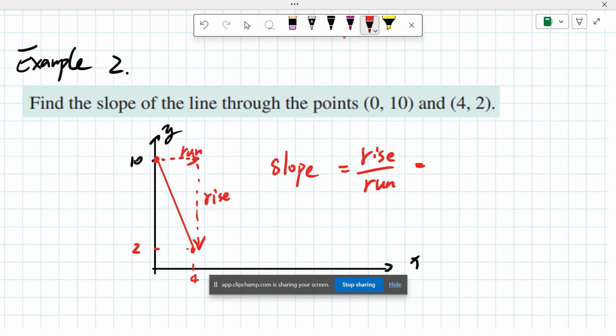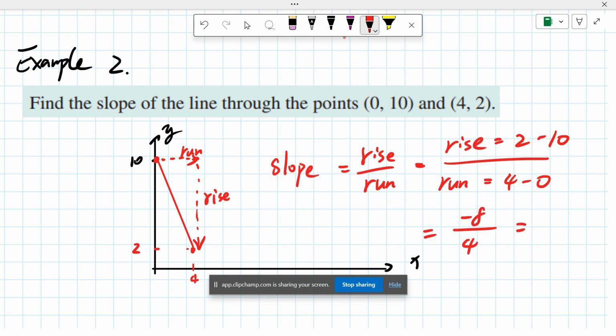First, the rise equals the new number, 2 minus 10, and the run equals 4 minus 0. So that equals negative 8 over 4, which equals negative 2. This is how that works. Because the line is falling, can you see this falling? That's why it's negative.